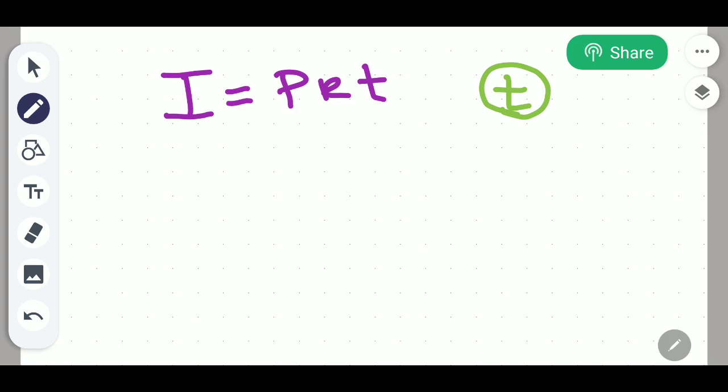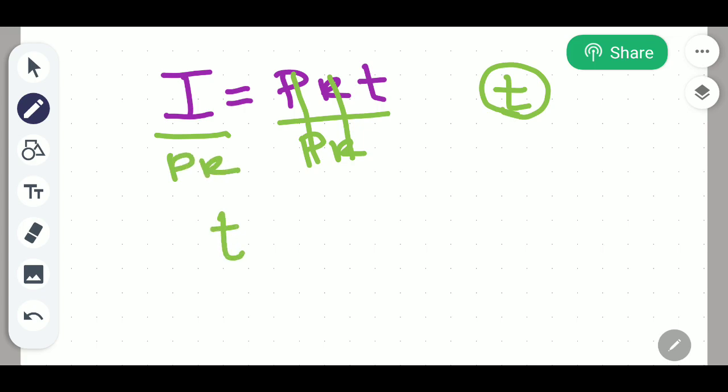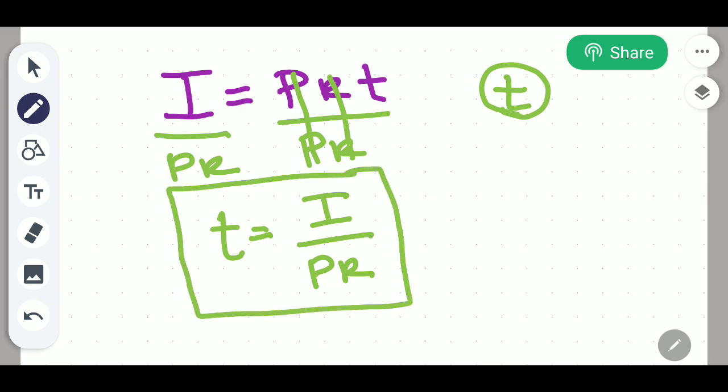So how do I get t alone? The first thing is you look what's with t. T has a p and an r here. They're both being multiplied. So the opposite of multiply is divide. So let's divide by p and r. That'll get rid of them here. Okay? So you have t equals I over PR. Okay? That is solved for t, so you are now done.